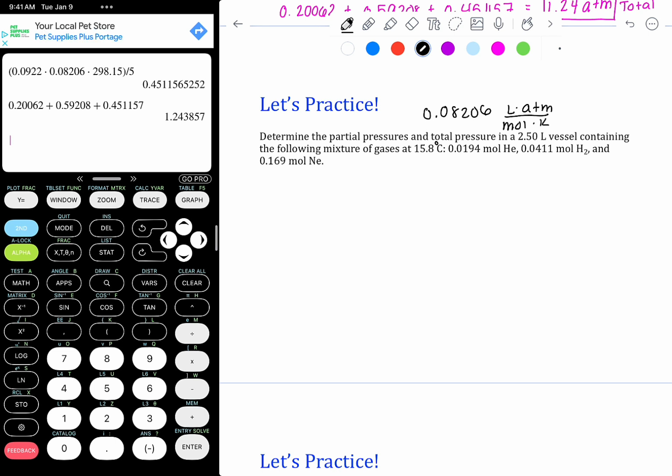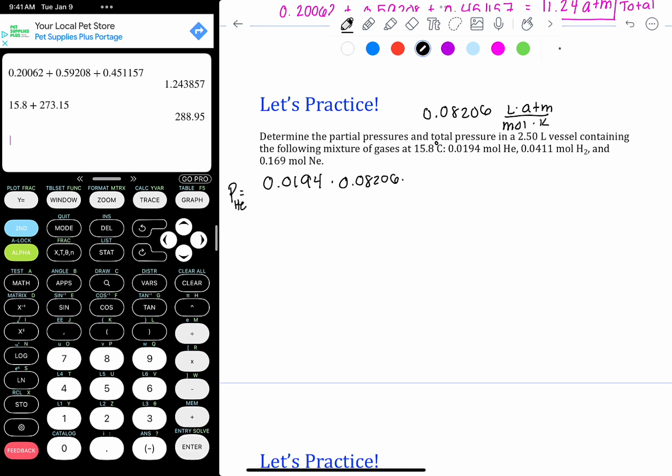The setup is exactly the same as we saw in our previous problems. So we just choose each variable. Let's do helium first. And we just plug in their mole value, 0.0194 times R times the temperature, which would be 15.8 plus 273.15 to get 288.95 Kelvin, divide by the volume of 2.50 liters.